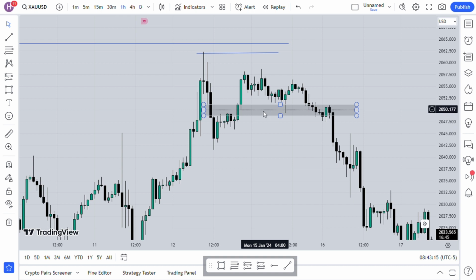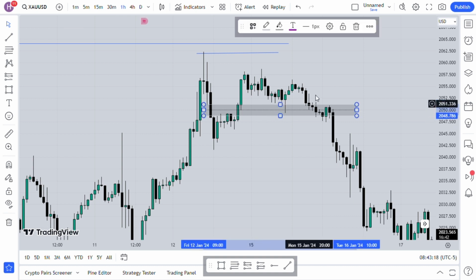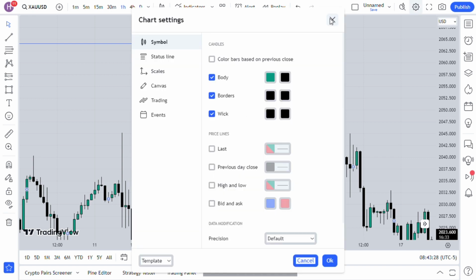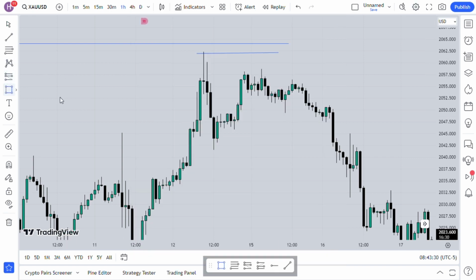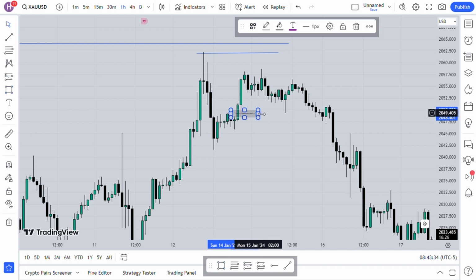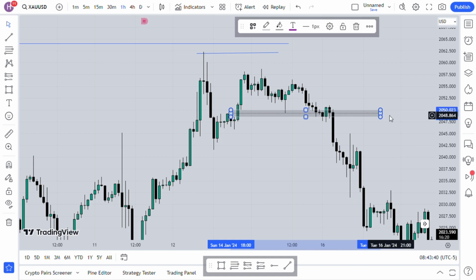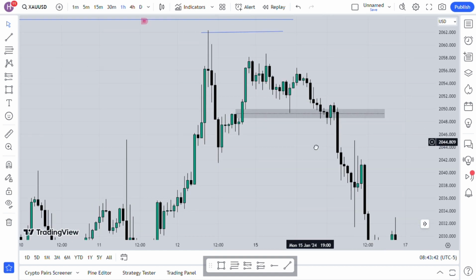So here you could use this one, but with this we'll be using these fair value gaps here, these green fair value gaps, which are the bullish fair value gaps. So we'll first want to see if this fair value gap will be taken out here, on the 1 minute time frame.